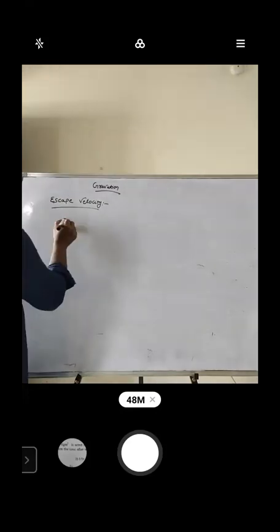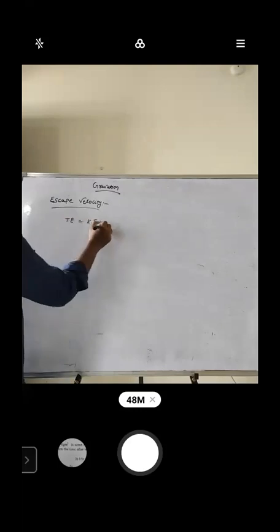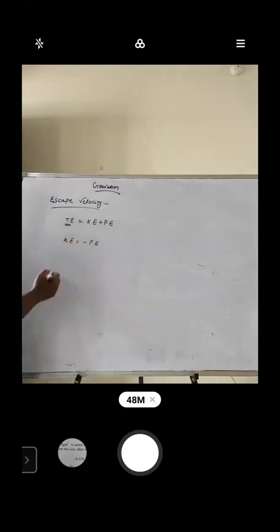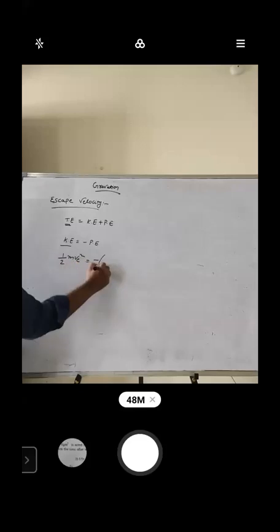The total energy is the sum of kinetic energy plus potential energy, so this becomes 0. You can write kinetic energy equal to minus potential energy. What is the formula for kinetic energy? Half mv square. And minus of, as I wrote here, the gravitational potential energy.